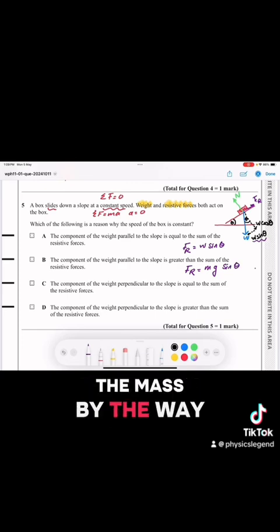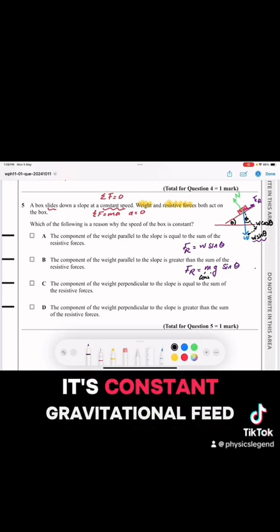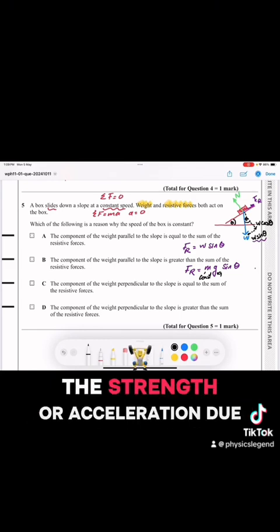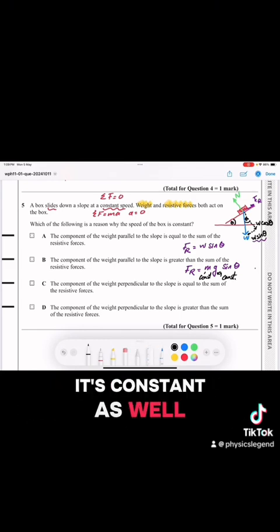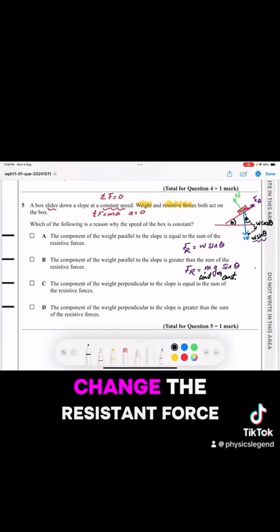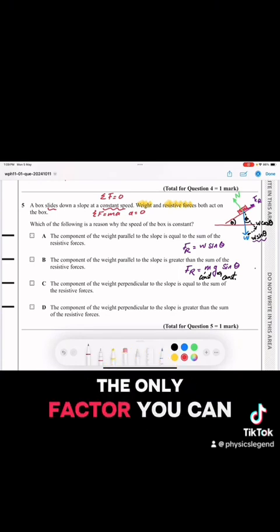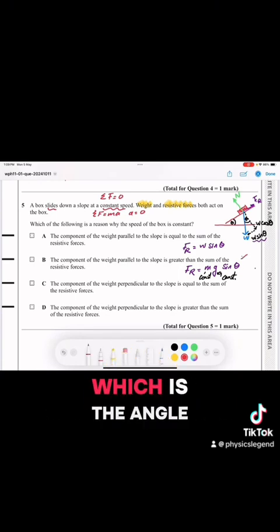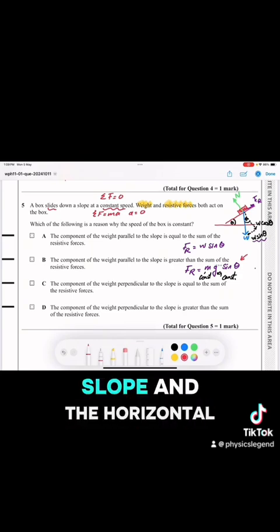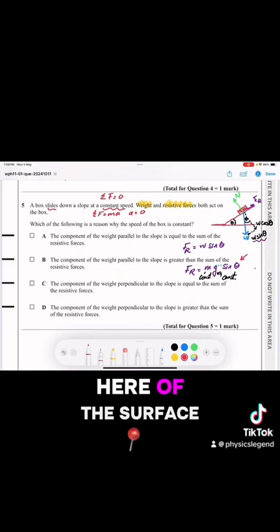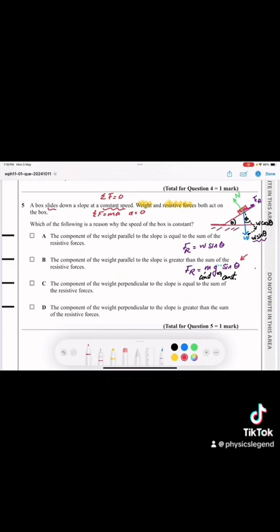The mass is constant, and the gravitational field strength, or acceleration due to gravity, is constant as well. If you want to change the resistive force, the only factor you can change is the angle between the slope and the horizontal surface.